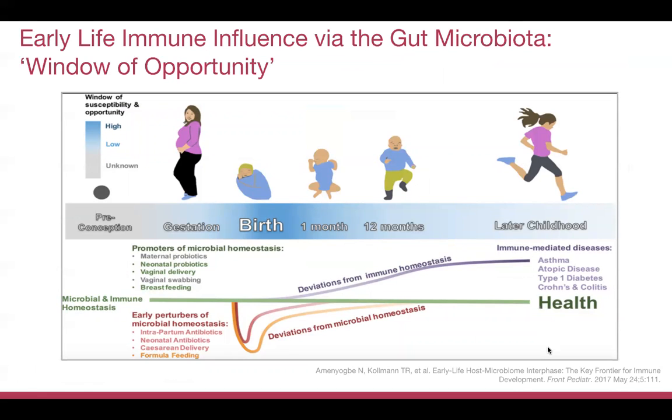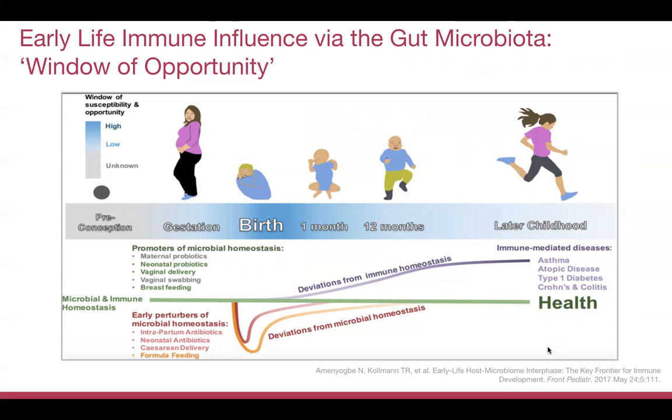Now, as we've been discussing, the window of susceptibility and opportunity represents the period around birth when promoters of microbial homeostasis may have the largest effect on correcting microbial dysbioses. These early life disturbances are associated with colonization differences in the neonatal microbiota in the early weeks to months of life. And they've been associated with immune dysfunction and immune-mediated diseases, both in the older child and adult.